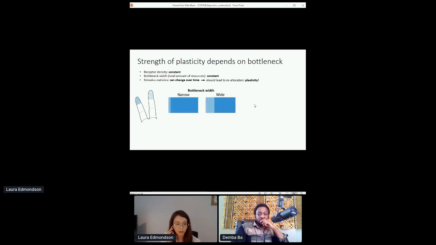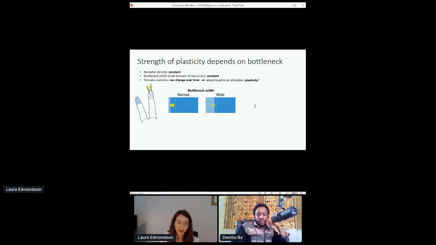So for example, if we have our two digits again, our middle and index digit, at a very narrow bottleneck, maybe the index digit has a much larger representation than the middle digit, and at a slightly wider bottleneck, the middle digit has a slightly larger representation. If we now stimulate the middle digit a lot more, then we might see that the allocations increase for a narrow bottleneck, so that they might increase quite a bit.